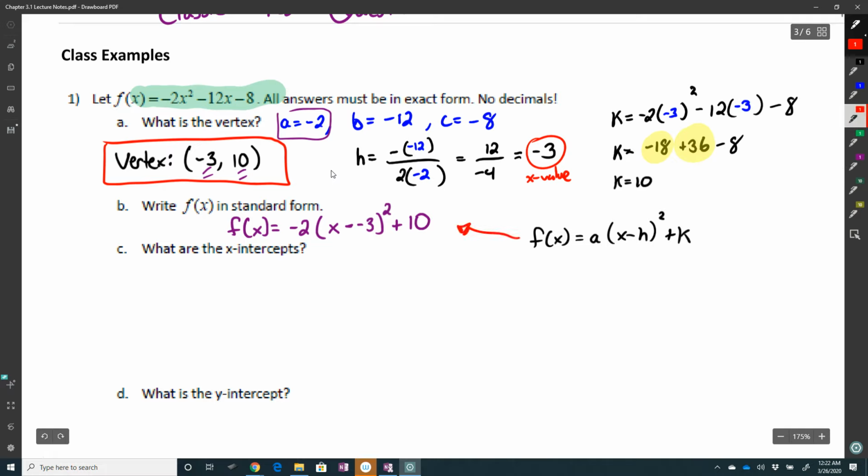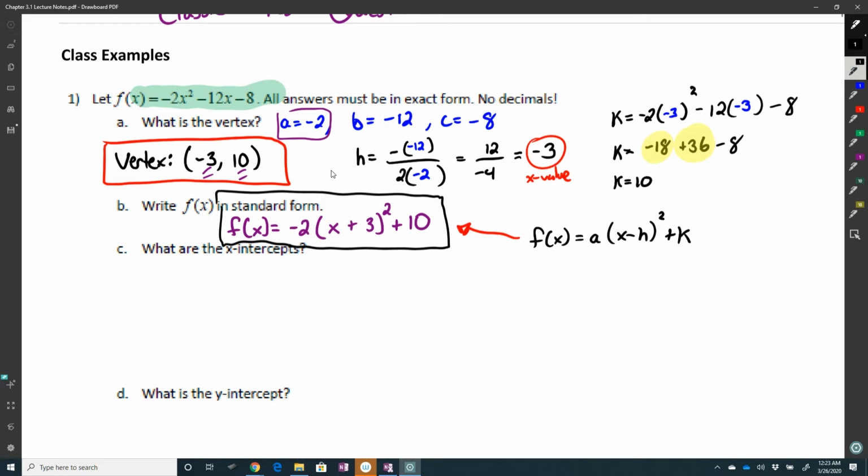And so all I did was plug it in, and all you have to do is remember that you have a double negative here. So that double negative turns into a positive, and that turns into a plus 3 squared. And there you go. All I want you to do. That's why there's no room.